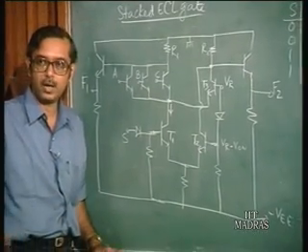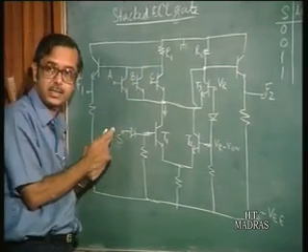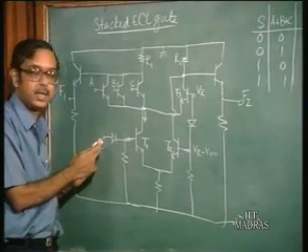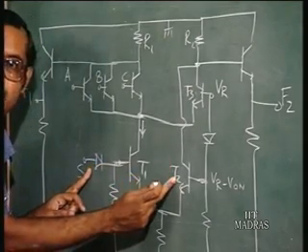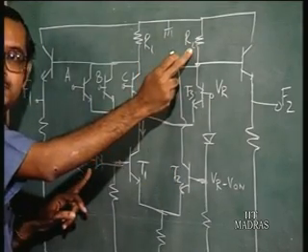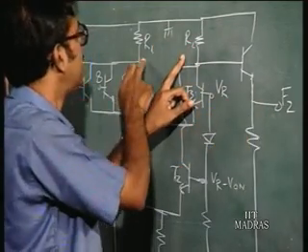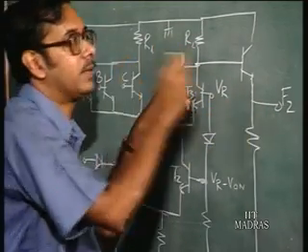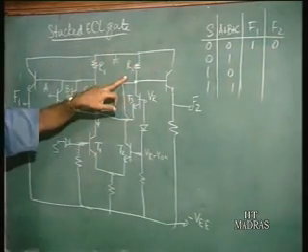So what is the logic here? Let us see. 0 0 means S is 0, that is S is low. That means T2 is on, so the current flows through R2. So F2 is going to be low, F1 is going to be high because there is no current flowing through R1.